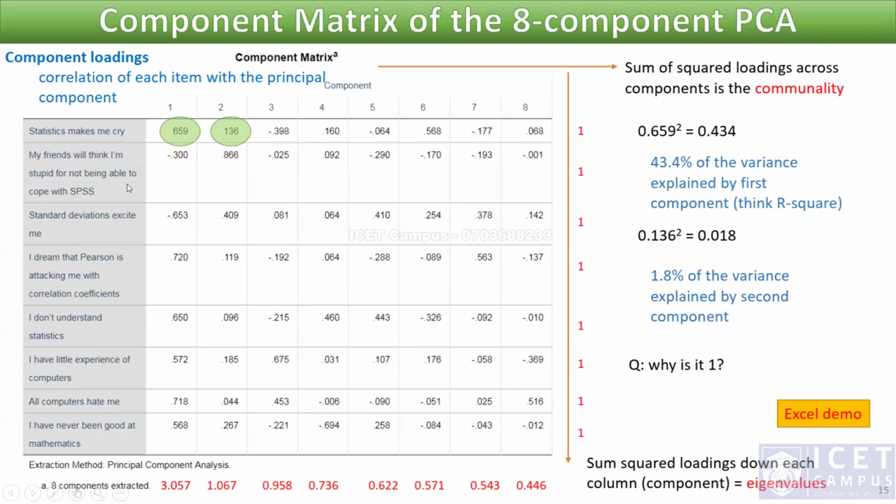Then it's mentioned that the component loadings and the sum of the squared loadings across the components are combined. It means we have to add these, and then we can take this communality.